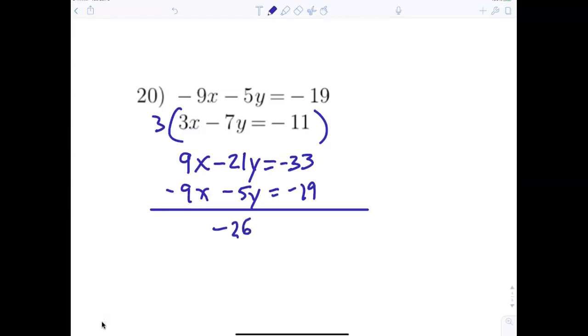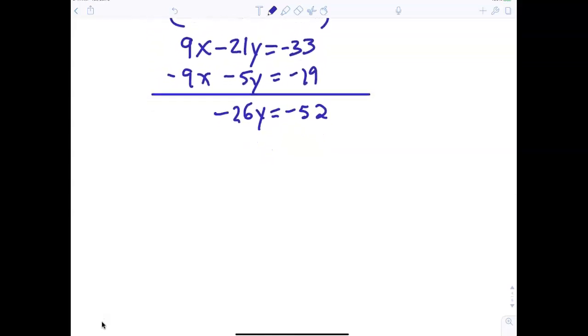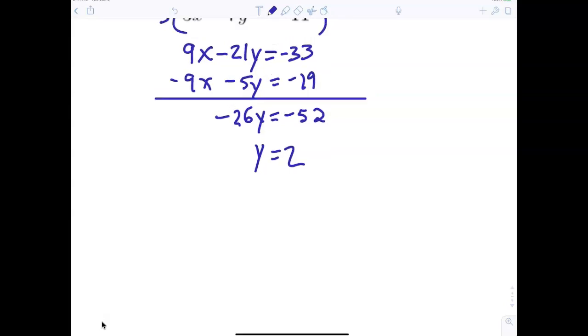Negative 26y equals negative 52, right? So y equals 2. Not going to work out. All right, let's move on.